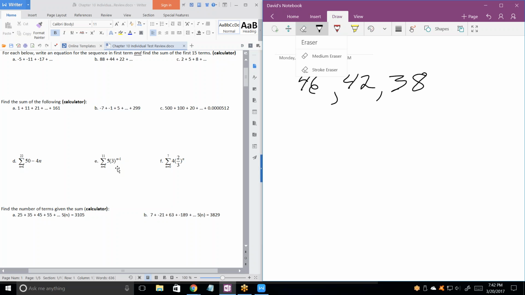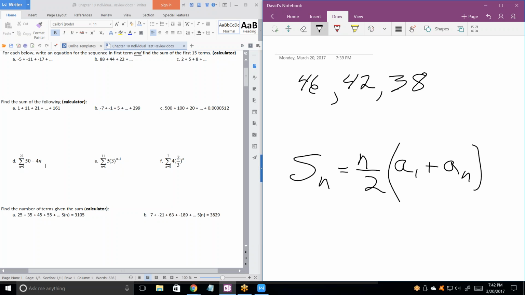So D, we need, what's the sum going to be? What's S sub n of an arithmetic series going to be? The number of terms divided by 2, and then first term plus last.